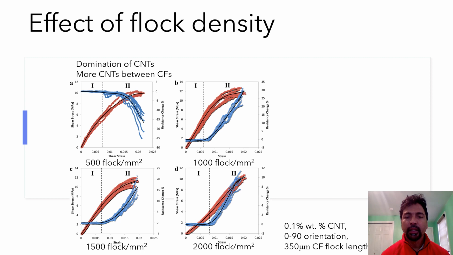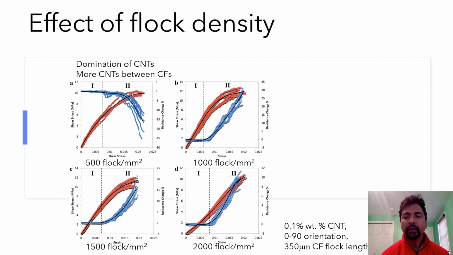Hence, in the 500 flock per millimeter square composite, we see a decrease in resistance because this system is dominated by carbon nanotubes. As you increase the carbon fiber density, in 1000 as well as the other composites, you start seeing increasing resistance because the network is dominated by carbon fibers, not the carbon nanotubes. Now, if you look at the maximum resistance value in zone 2 for these composites, the flock density of 2000 is much lower compared to the other composites.